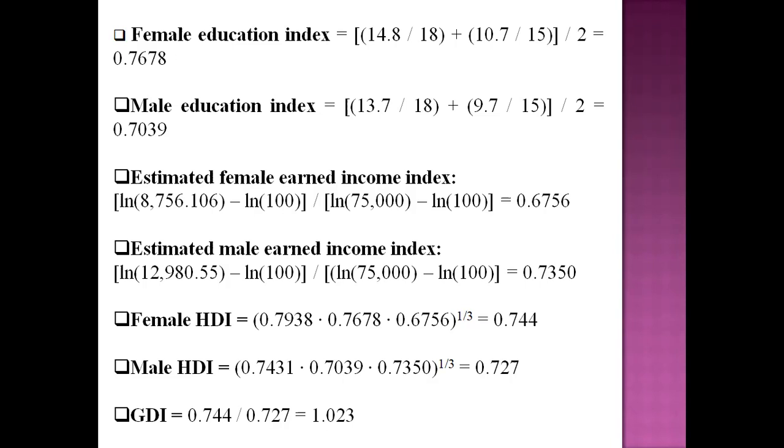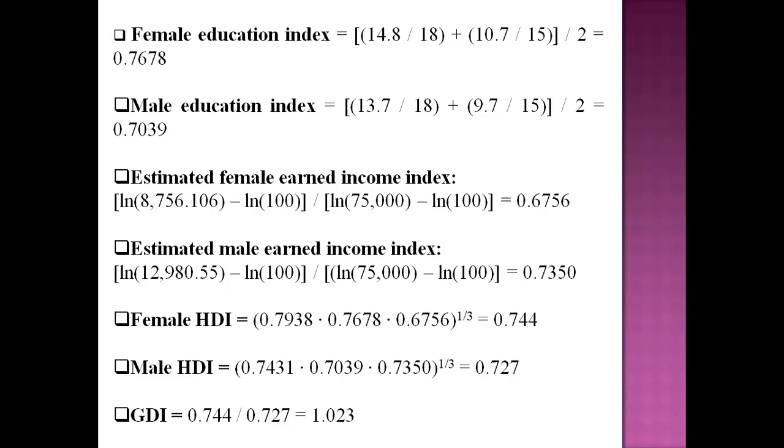So we think the gender discrimination in achievement of the three indicators is negligible. When we estimate the GDI, we get 1.023. If we subtract 1 from 1.023, the equality line, that is GDI minus 1, that is 1.023 minus 1, we get 0.023.